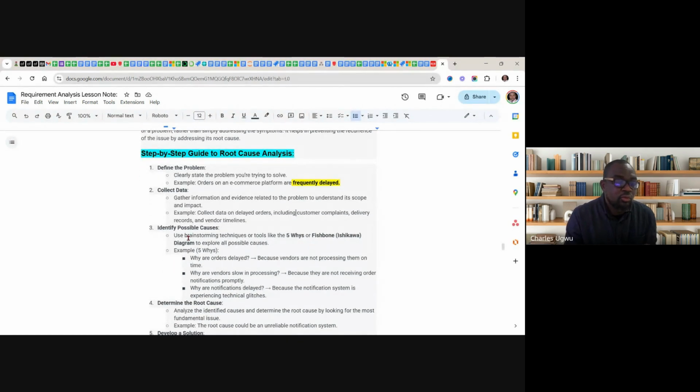When you are trying to identify root causes, there are some techniques we use. We have a technique called 5 whys. We have another technique called the fishbone diagram. You can use any of these techniques inside root cause analysis.